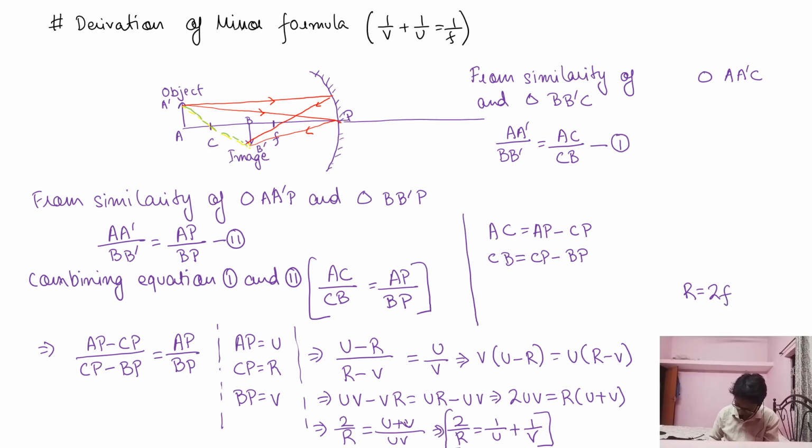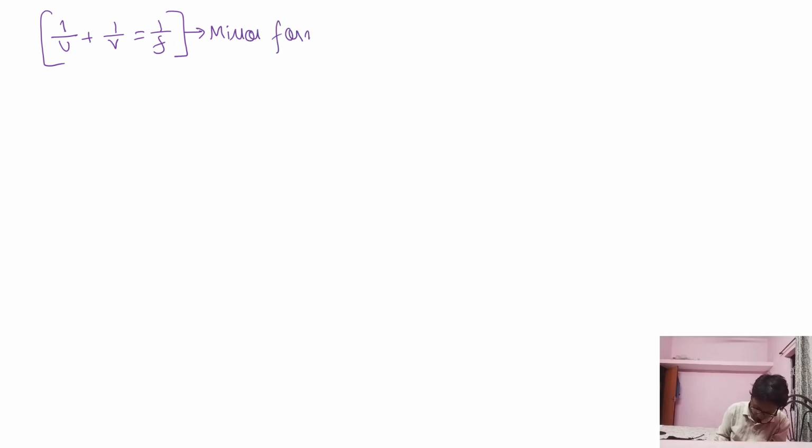Okay, R is equal to twice the focus, so 2 by twice the focus is equal to 1 by U plus 1 by V. And if we simplify, if we cut the 2, we get the mirror formula: 1 by U plus 1 by V is equal to 1 by F. This is our mirror formula that we have derived. Mirror formula.